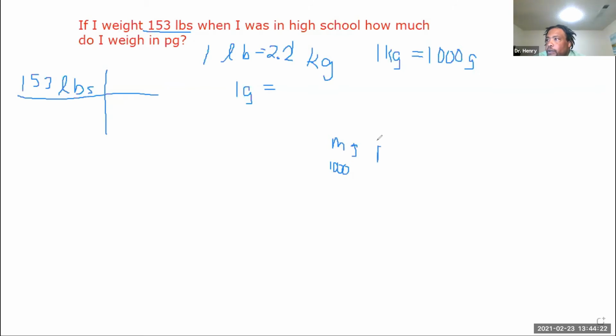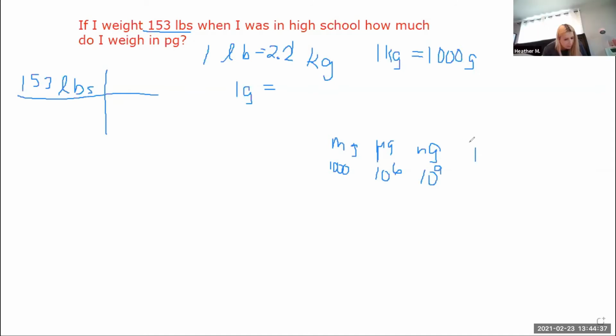A micro would be 10 to the 6. A nanogram would be 10 to the 9th. And then the next one would be a pico. Ooh, somebody got it. So that's 3, 6, 9, 12. Perfect. So 10 to the 12. Good job.